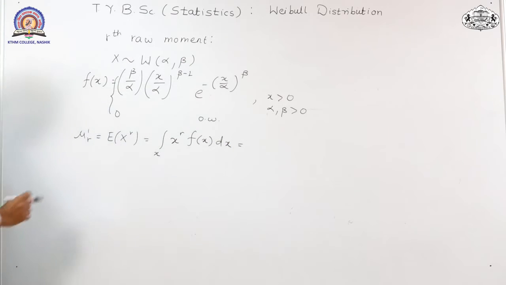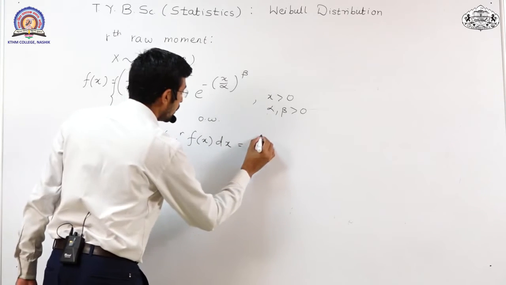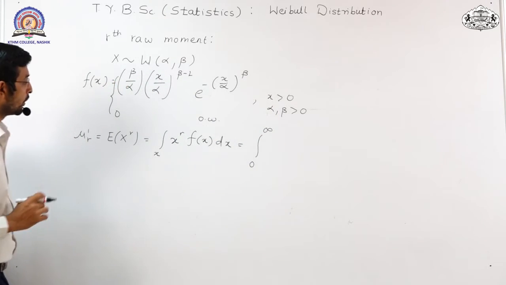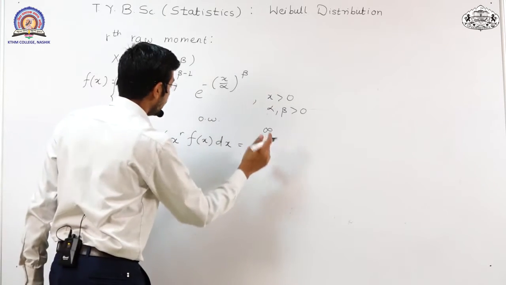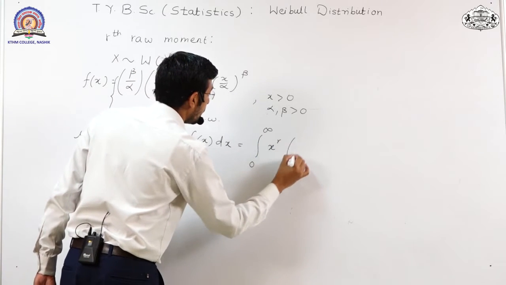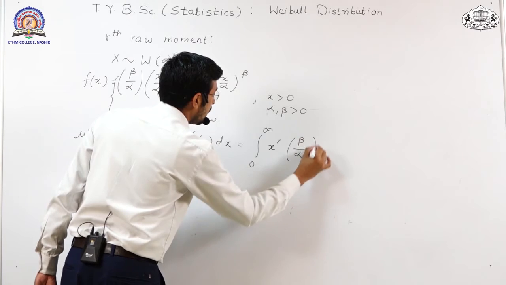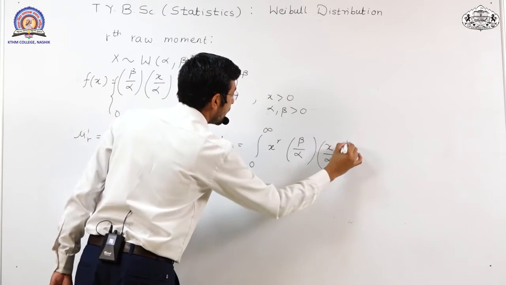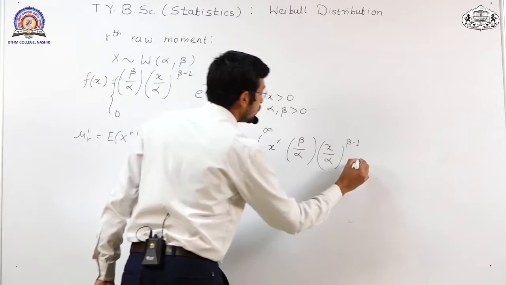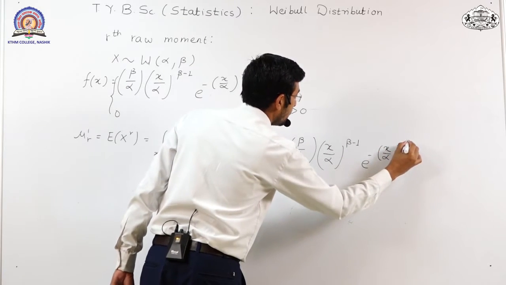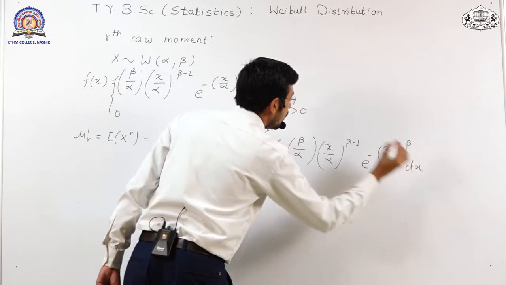In this equation, we put the value of f of x, so the integration is over 0 to infinity, since x is positive, of x raised to r times beta upon alpha, x upon alpha raised to beta minus 1, e raised to minus x upon alpha raised to beta dx.